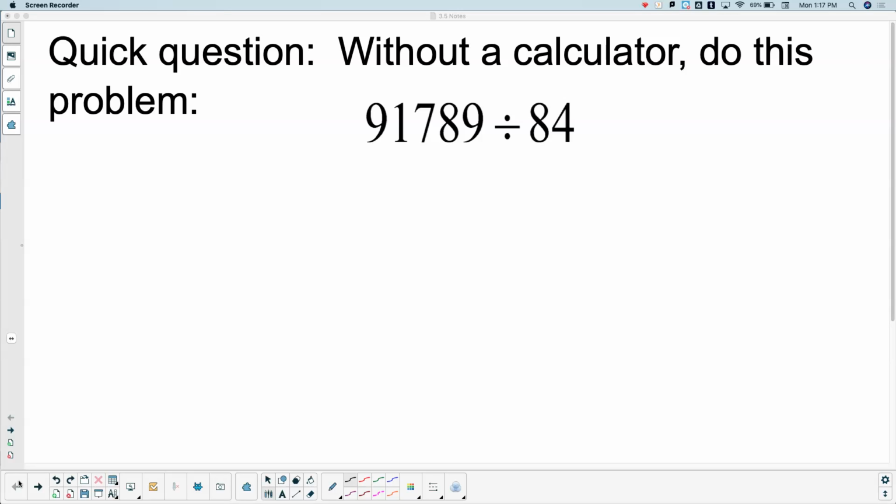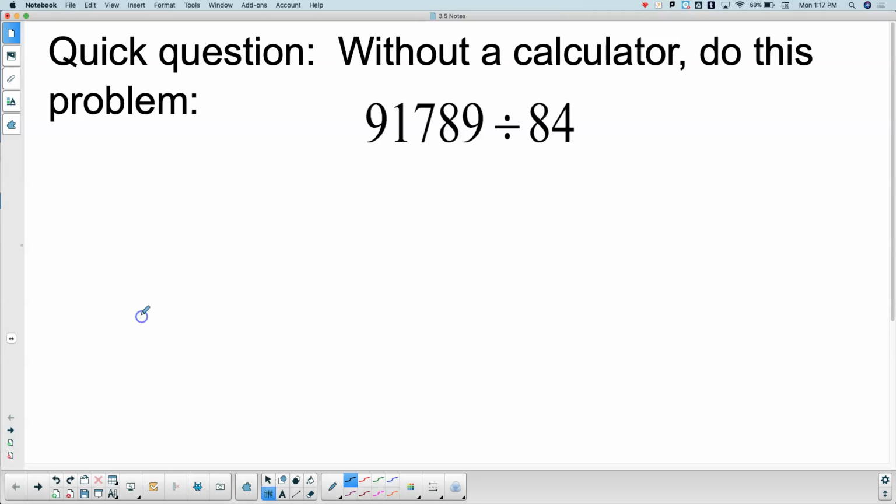Big division symbol? Small one or a big one? Big one. Yep, we like. Division problems need to breathe, especially when you're doing them by hand. Okay, love it. Then what? On the outside left side.